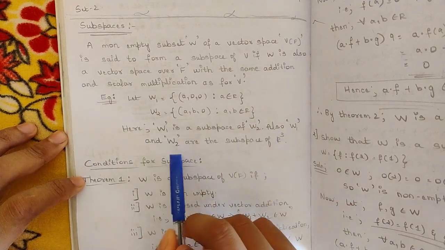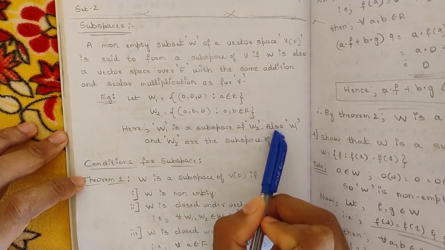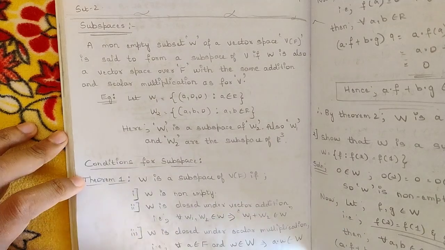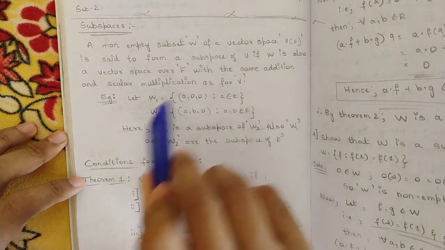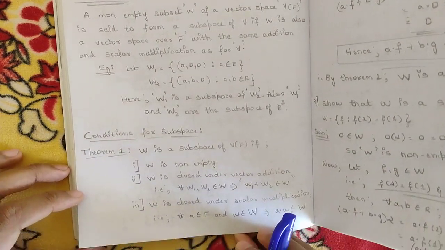Also W1 and W2 are subspaces of R cube, the third order real number set. This is the basic definition of a subspace.